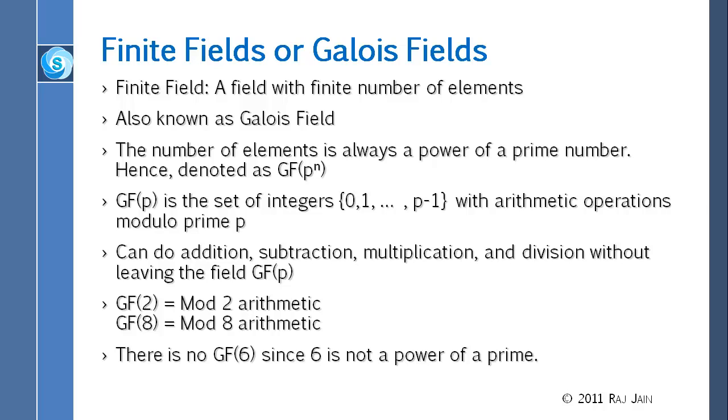And you can do everything, multiplication, addition, subtraction, and the result will come out 0 or 1. GF(8) would be mod 8 arithmetic, but you have to define that carefully, as we will show in a few examples later on, not just the way we did it, okay? There is no GF(6) because 6 is not a power of a prime.